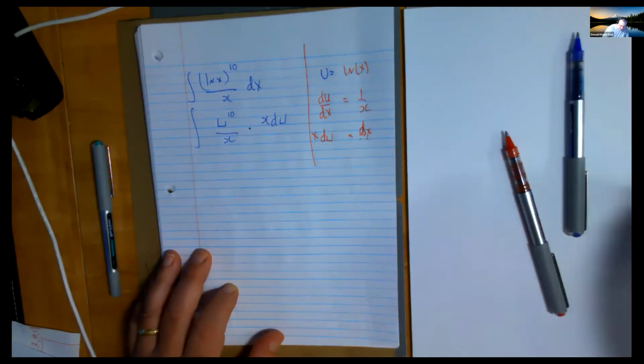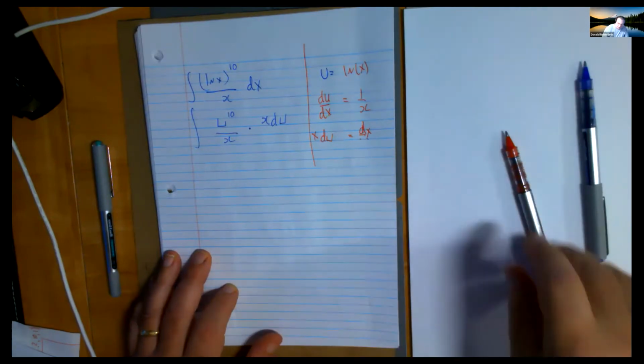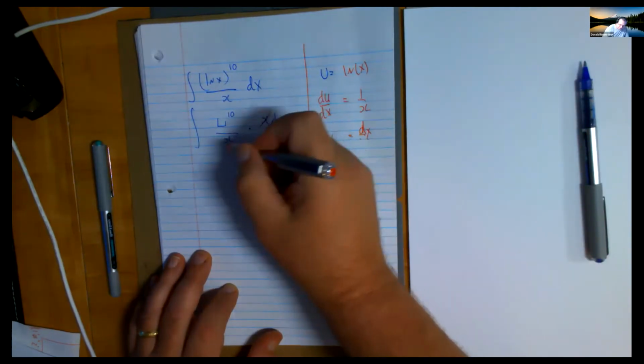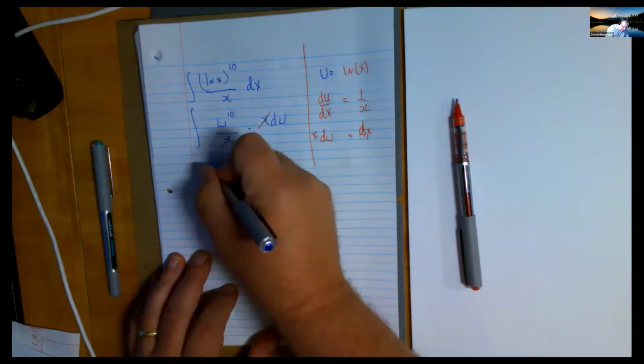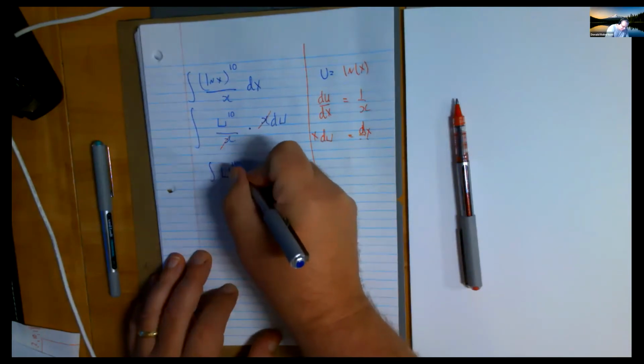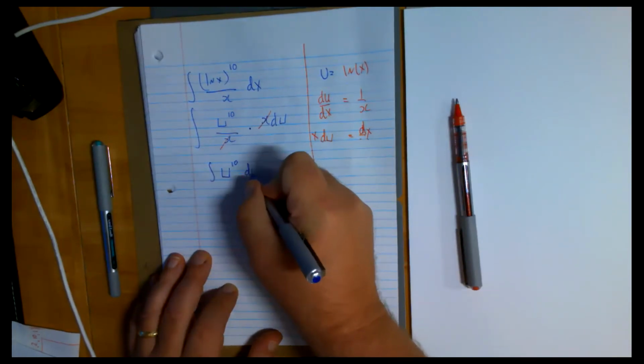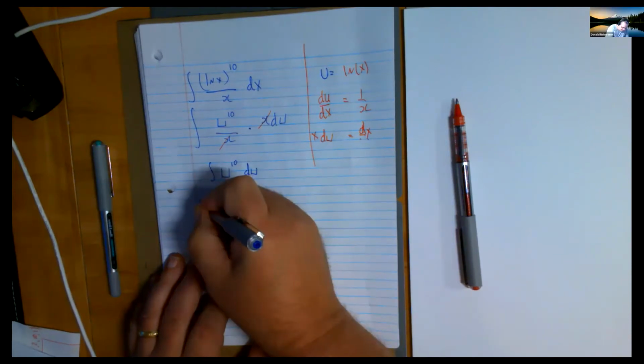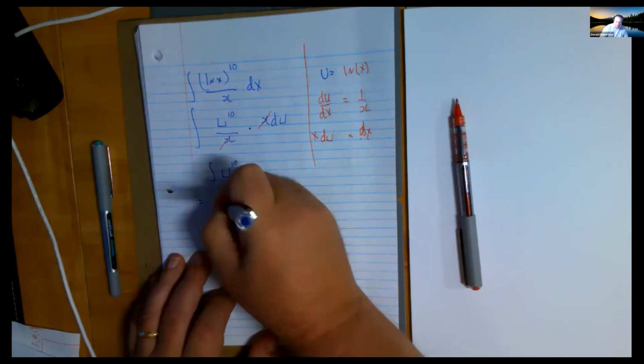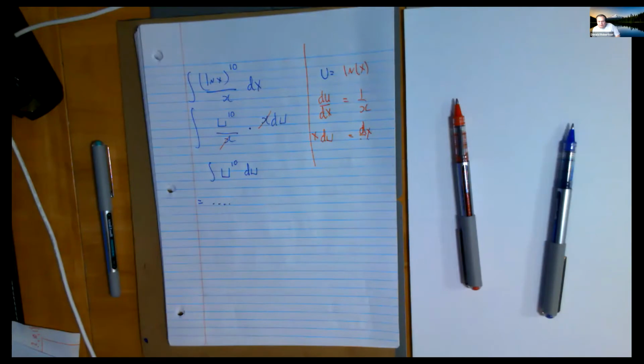And so this is a good sign, isn't it, when you see these x's disappearing, because now what we have is u to the 10 du. Wouldn't you just use the power rule, 1/11th u to the 11, and then replace the u with log x and add a plus c and you're done?